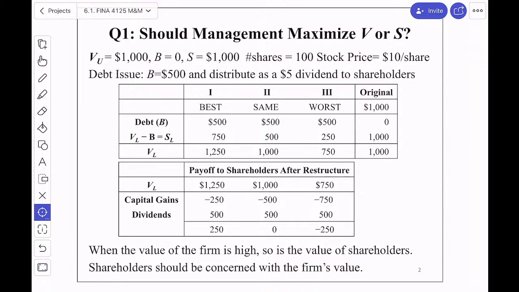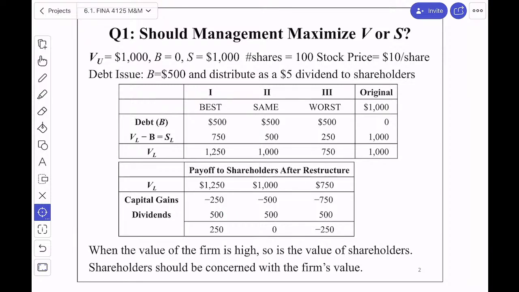So that's a loss, capital gains of 250 negative. And then here it's 500 negative, right? And here it's the worst, negative 750. Now you have to offset that with the payoff for the restructuring, those 500 in any case.